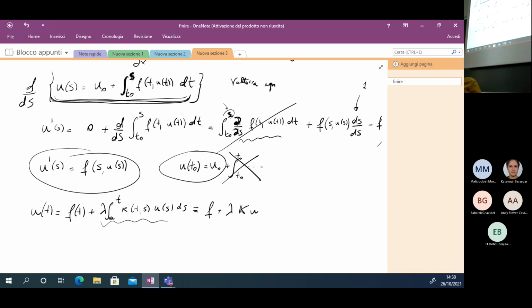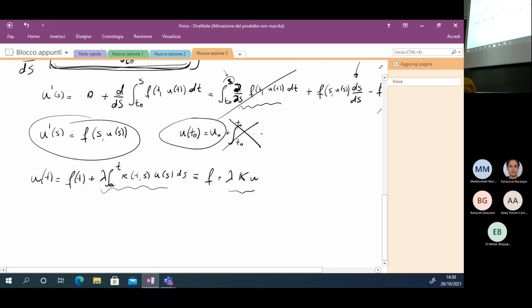So if I move the part in u on the left-hand side, what I get is identity minus lambda K applied on u equal to f.